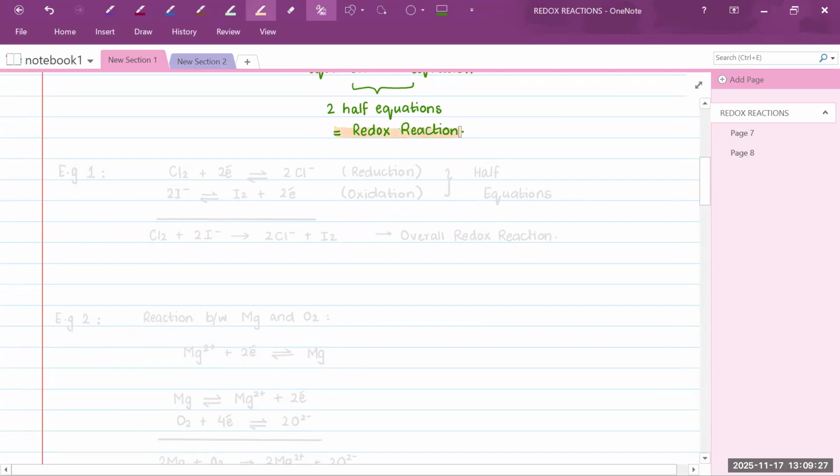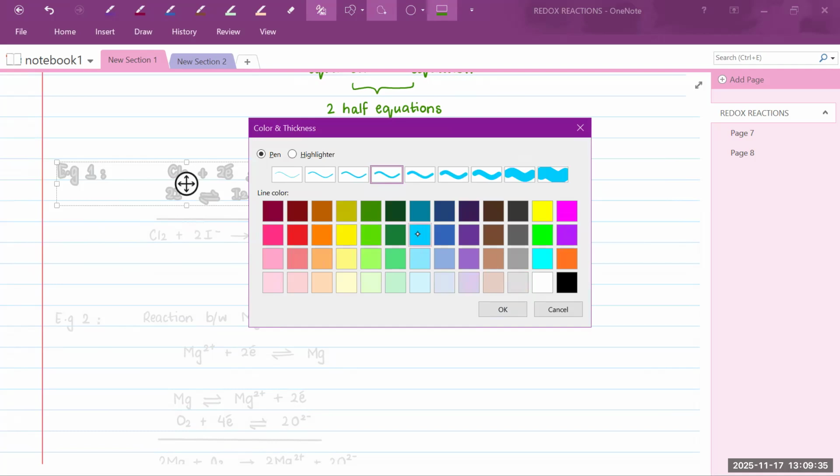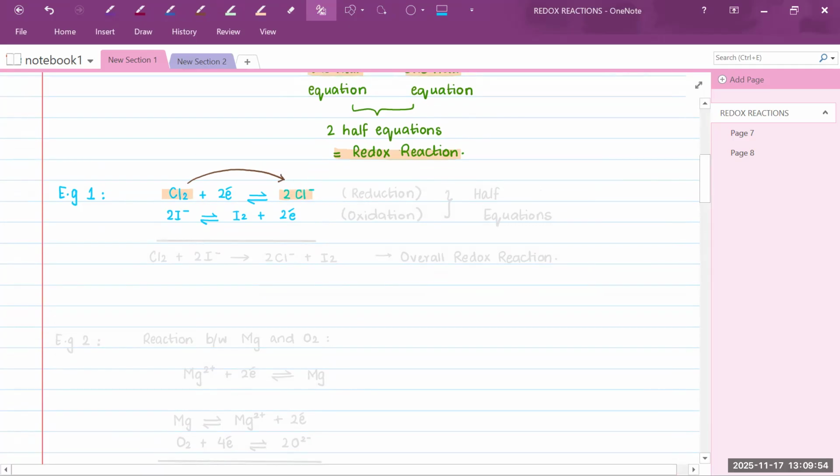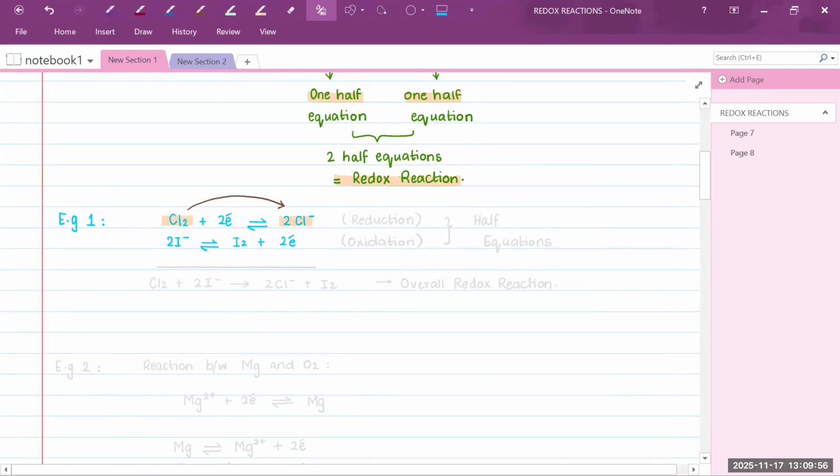Now moving on to the examples. For example, I have here chloride, and I have here chlorine, which is getting converted into chloride. As we can see, now you have to identify whether it is reduction or oxidation.